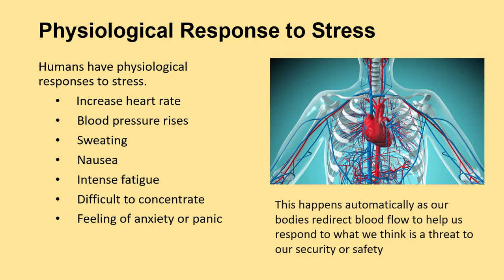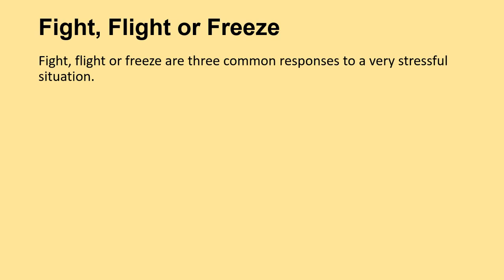In either a minor or major way, we feel threatened, and our body responds to that stress to get us prepared to respond to this very stressful situation. And we often talk about it in terms of what we call fight, flight, or freeze. Fight, flight, or freeze are three common responses to a very stressful situation.